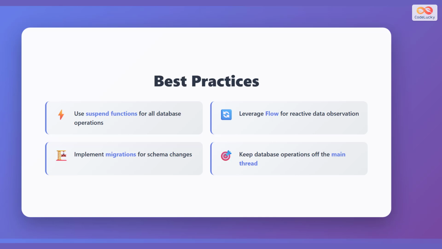Third, implement proper migrations when your database schema changes. This prevents data loss during app updates and maintains data integrity. Finally, remember that all database operations, except those returning Flow or LiveData, must be performed off the main thread. Room will throw an exception if you attempt to run queries on the main thread in production builds. Following these practices will help you build robust, performant Android applications with Room database.